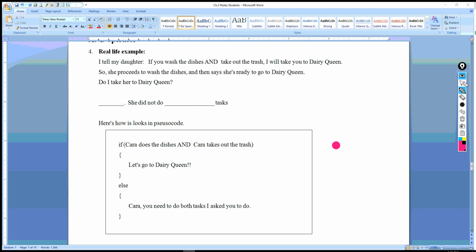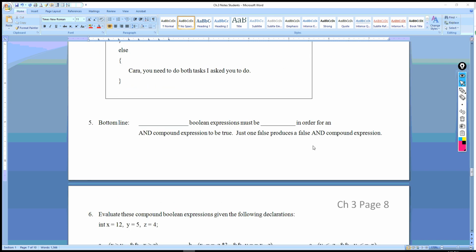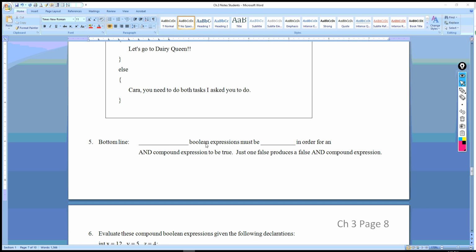So the bottom line is that both Boolean expressions must be true in order for an AND compound expression to be true.